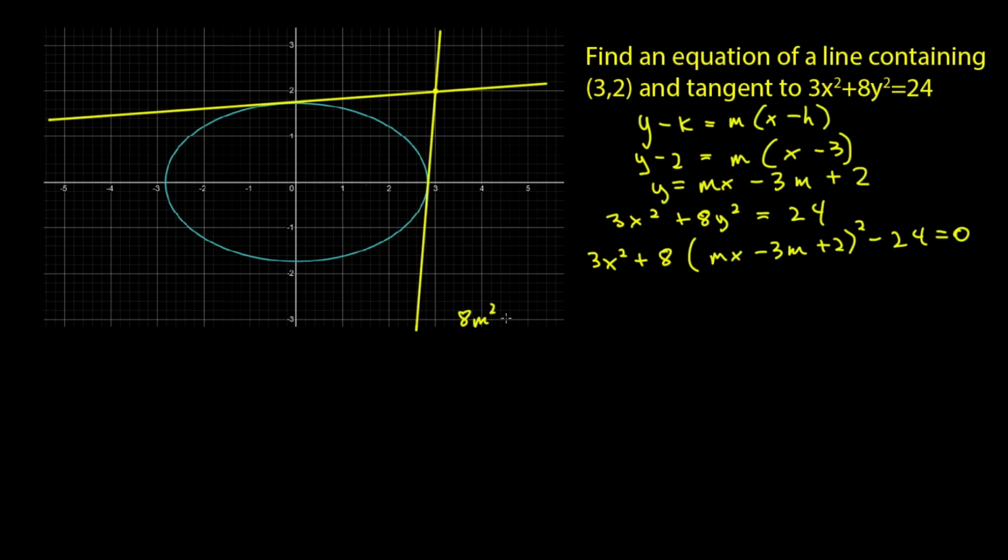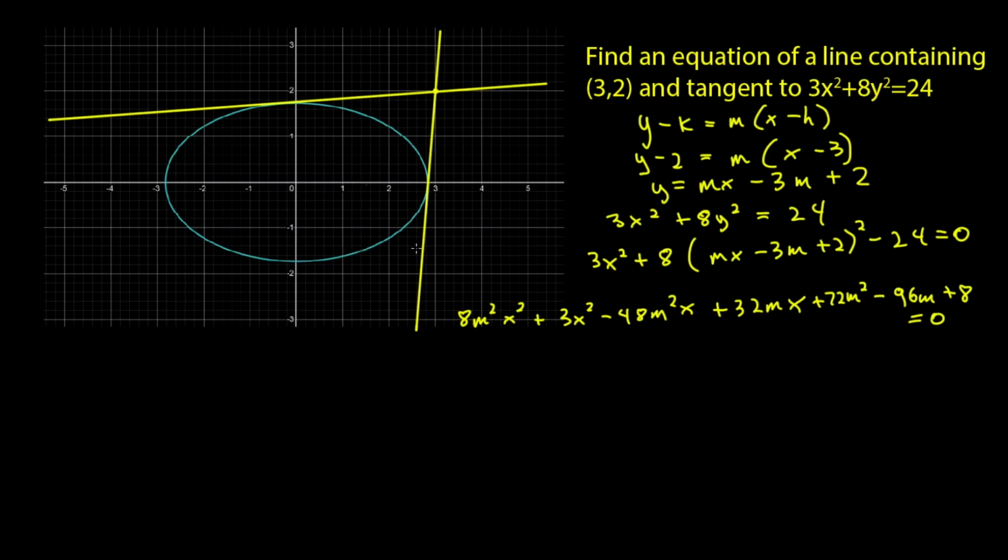8m squared x squared plus 3x squared minus 48m squared x plus 32m x plus 72m squared minus 96m plus 8 equals 0. Then we're going to factor it on x.